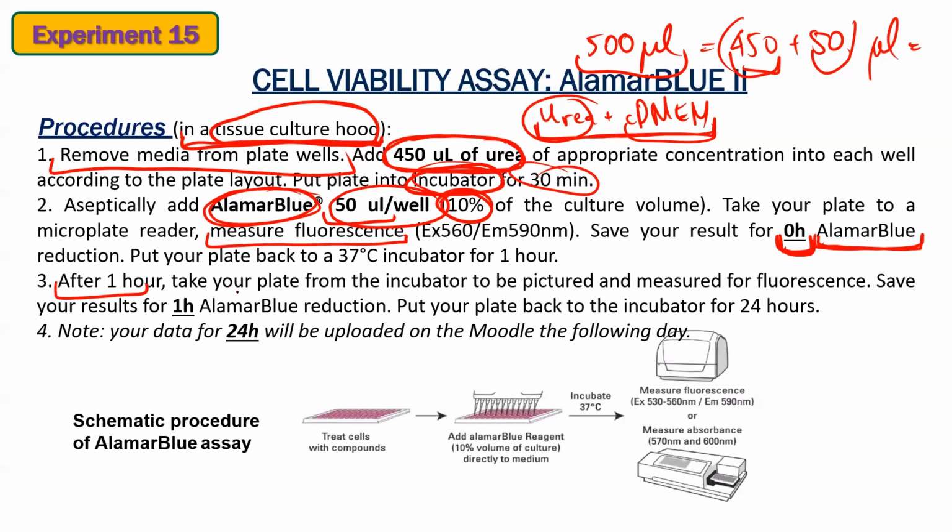After 1 hour, you have another measurement of fluorescence. The best would be, of course, to see the dynamics of Alamar Blue reduction. Let's say that you make it at 1 hour, 2 hours, and 3 hours. Of course, in this case, you will obtain a very good linear representation of the growth of your cells, and it will give you much more information.